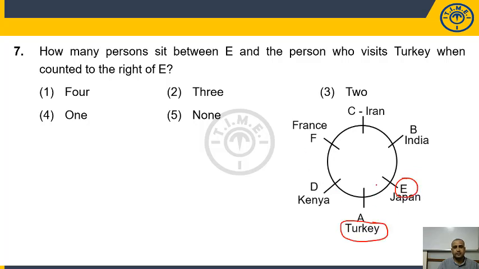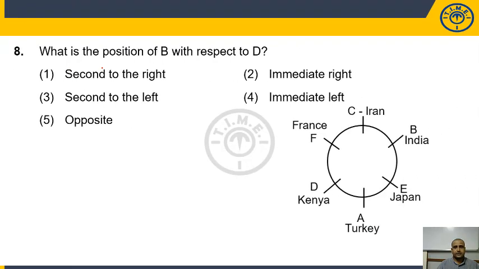So when counted to the right of E, 1, 2, 3, 4 persons are there. So choice 1. What is the position of B with respect to D? They are sitting in opposite positions. Choice 5.